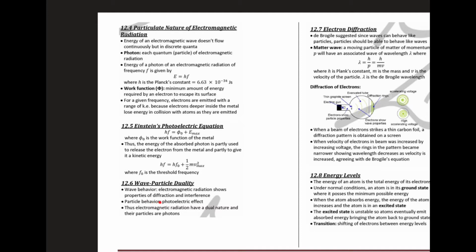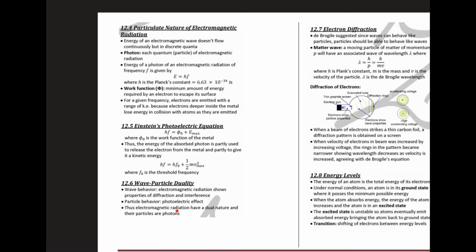The UV light shines on the zinc metal, so it's like it collides with the zinc metal, then collides with the electron over there and makes the electron come out. So it is like having a collision effect, which is the particle behavior. We call it the photoelectric effect.